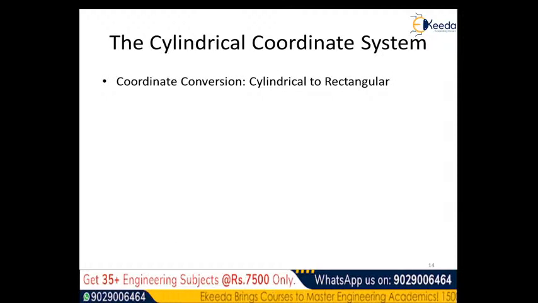So while we try to have a conversion from cylindrical to rectangular, it means when we know the values of rho, phi and z, we should be able to determine the values of x, y and z. So for that purpose, to look at the geometry of the triangle, we had derived the formulation that x is nothing but rho times cos phi, whereas y is nothing but rho times sin phi, and z is the same as it is common to both of the coordinate systems.